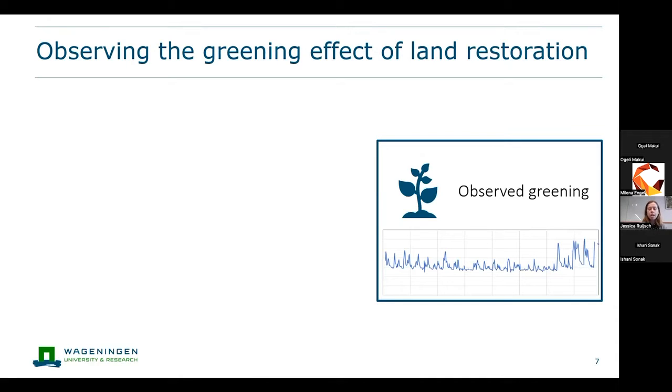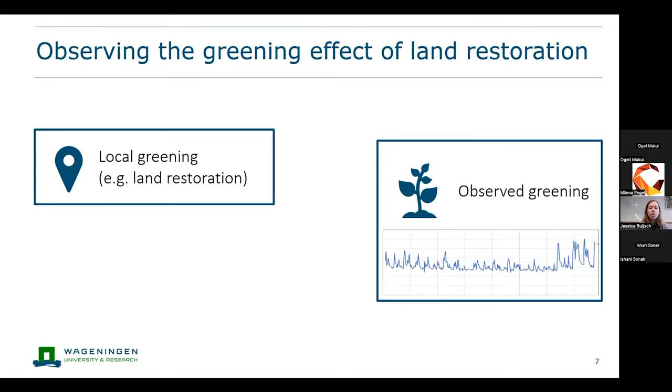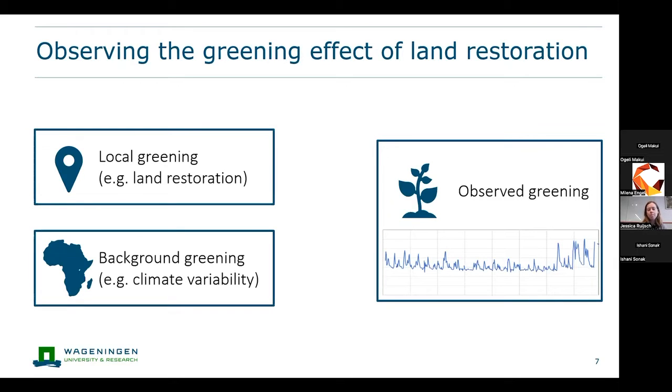And then if you want to assess the effect of the land restoration projects, you kind of want to remove this natural climate variability. So this observed greening is not only caused by the local greening, but also the background greening or the climate variability. And this together causes the observed greening. So for me, I try to remove this background greening.